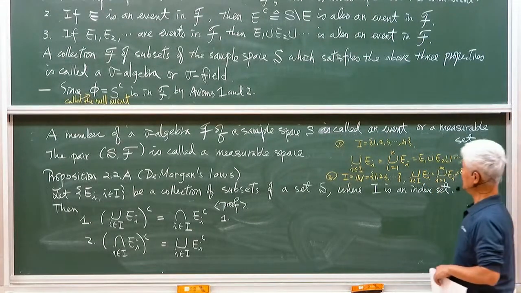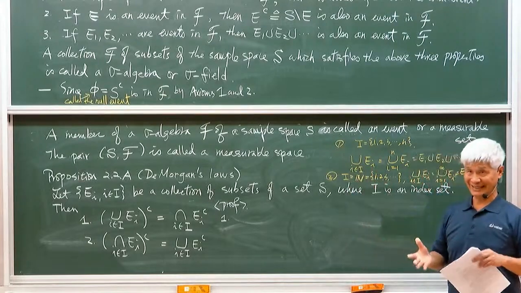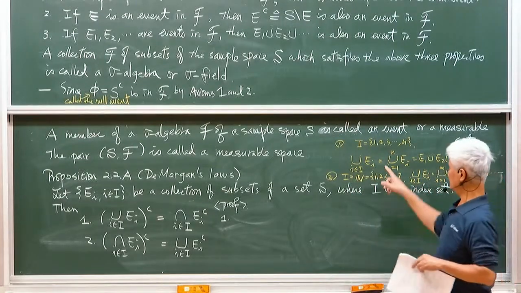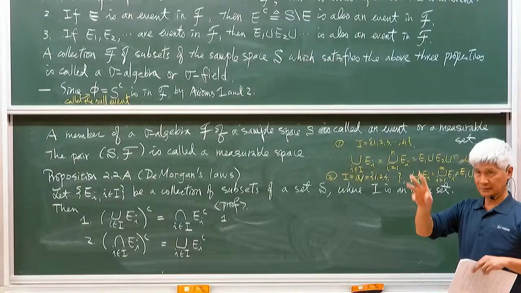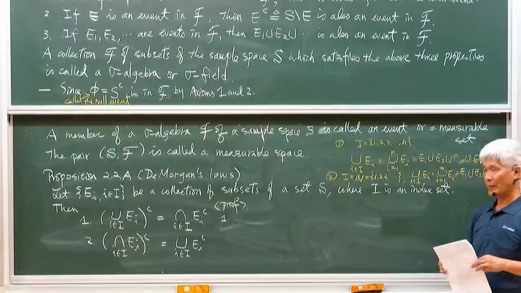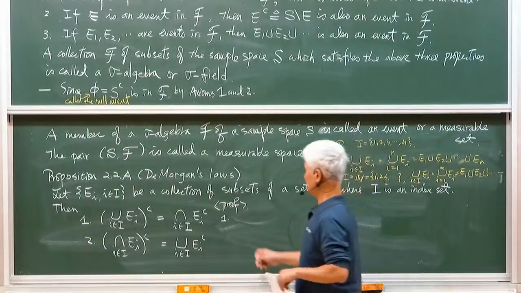In general, if I is an arbitrary index set, you have the same meaning. Just take the union of them.